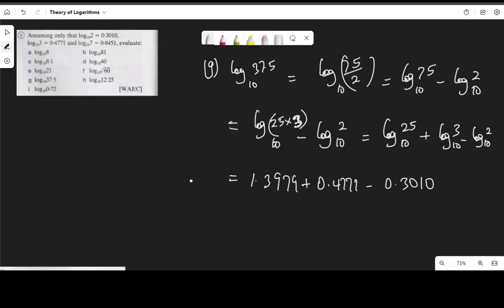Adding this up, I'll have 1.3979 plus 0.4771, then minus 0.3010, which gives 1.574.